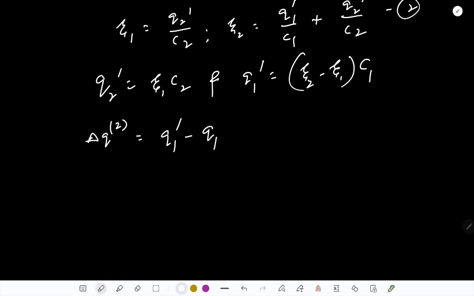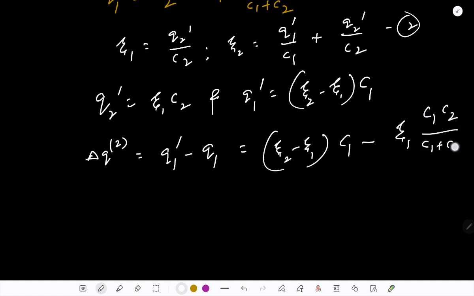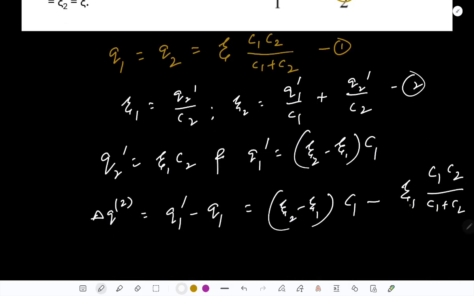You can calculate both of them because we already have the values of Q1 and Q1 dash, and you are going to get something like (E2 minus E1) C1 minus E1 C1 C2 by C1 plus C2, like this, not E1 but E2 in fact.